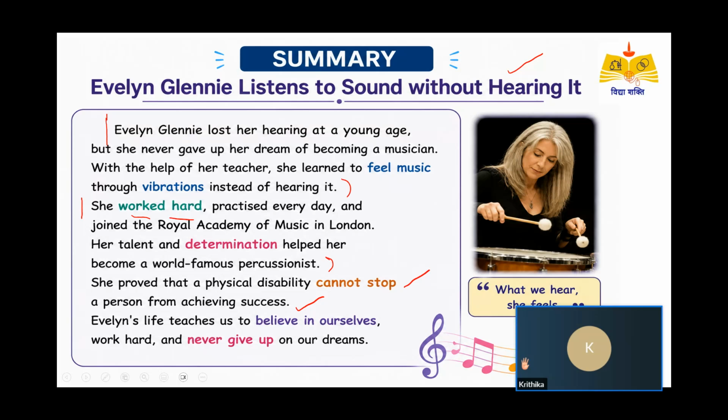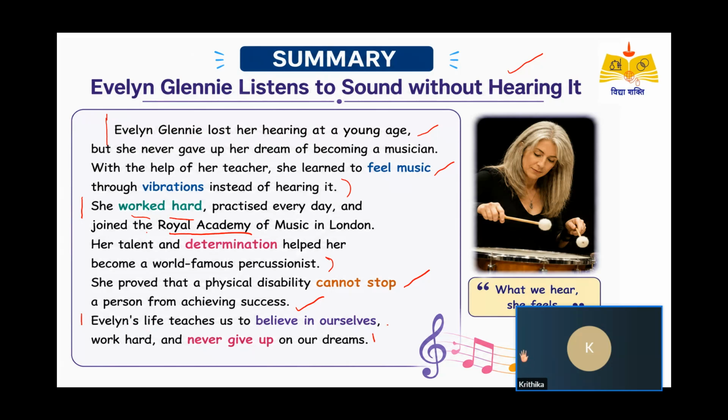Evelyn Glennie listens to sound without hearing it, you start like a heading. Then you write your paragraph. If it is a very big topic, then you will split your paragraph. First paragraph about her childhood, her young age. How did she learn music by feeling it? Then how did she improve? She worked hard. She joined Royal Academy of Music. Things like that. And then you have to make a very strong conclusion, right?